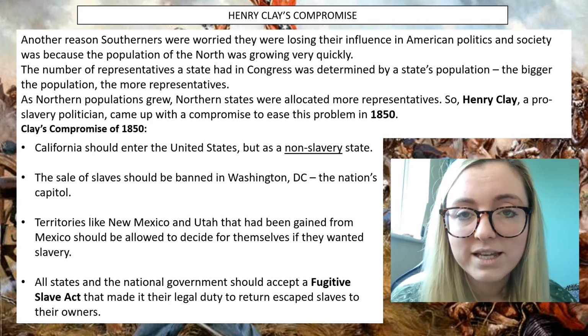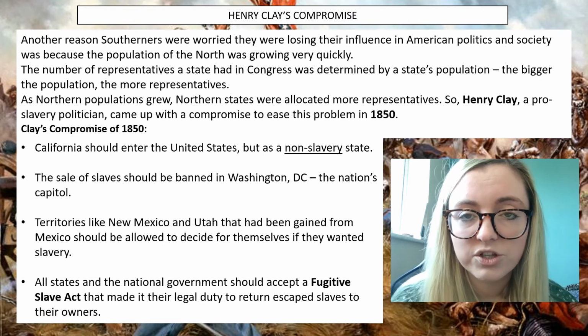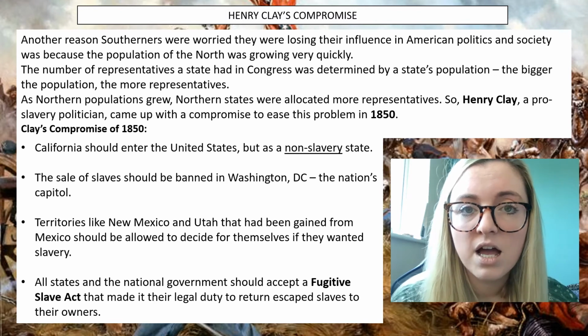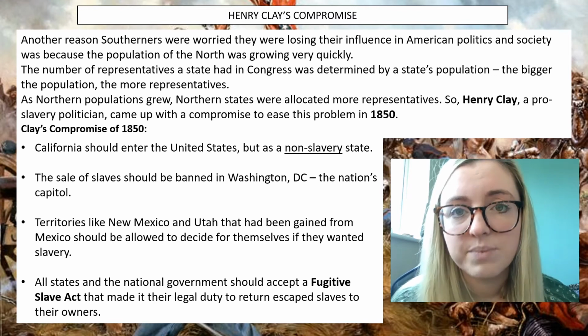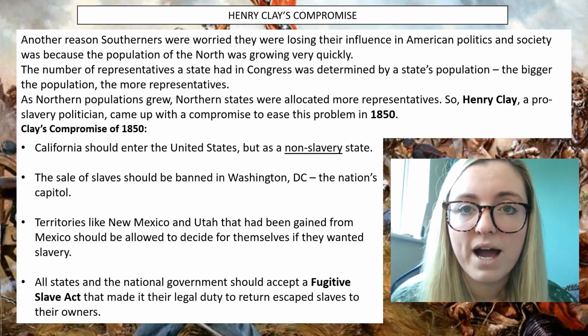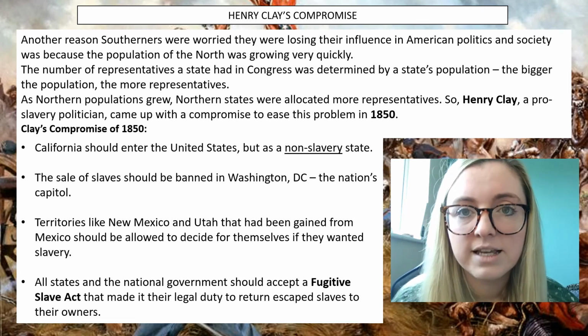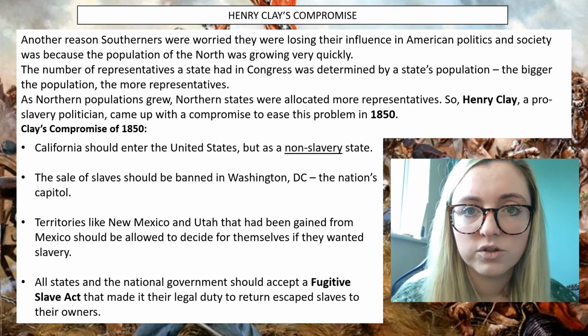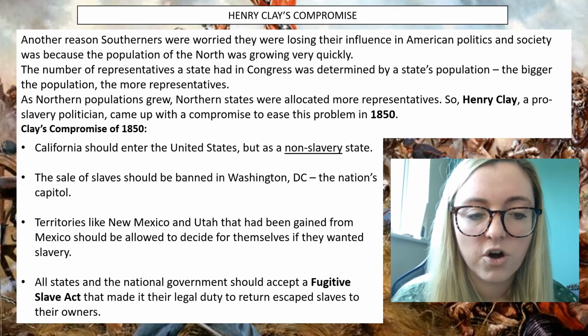This would therefore mean that beyond the current westward expansion, up until New Mexico and Utah, slavery had been limited because of the Missouri Compromise, one slave state, one free state, but this therefore means that slavery will continue to expand. So this is pleasing the South and angering the North.